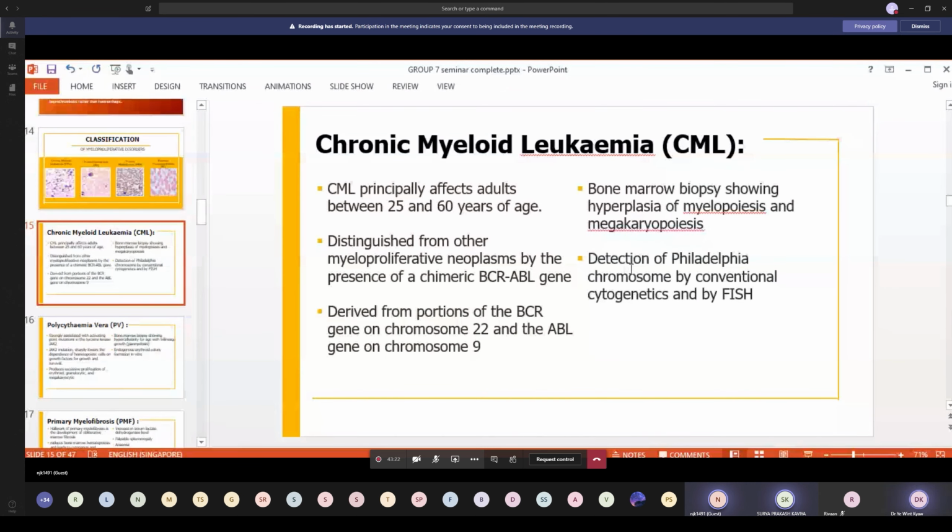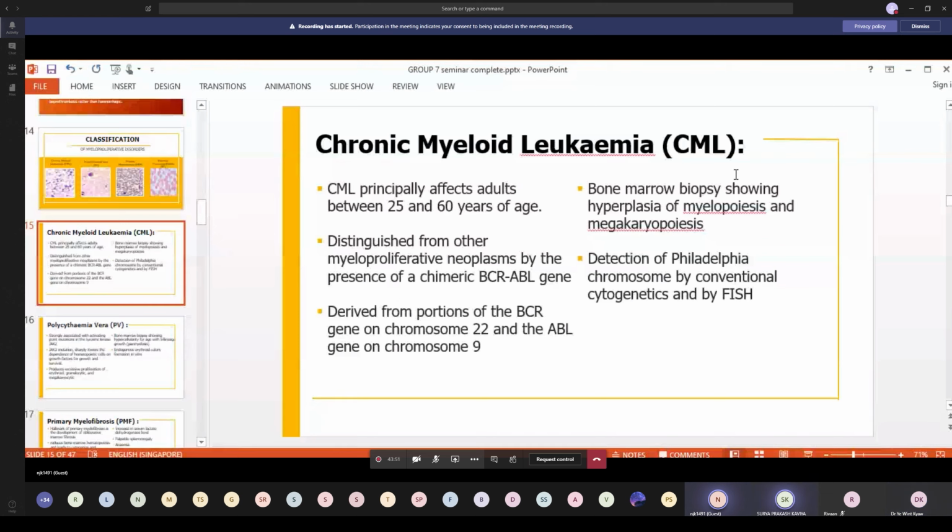You can also detect the Philadelphia chromosome, linked to chromosome 22. When there is a mutation, you can see the Philadelphia chromosome, and you can check by using conventional cytogenetics and FISH. Because this was discovered in Philadelphia, that's why they call it Philadelphia.